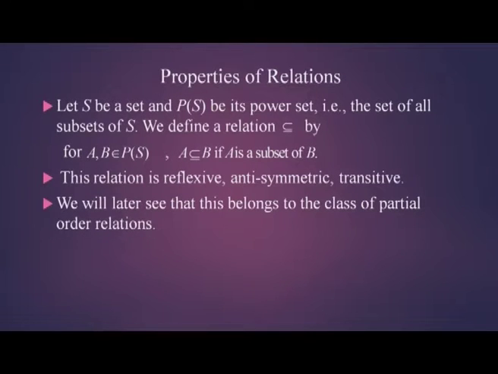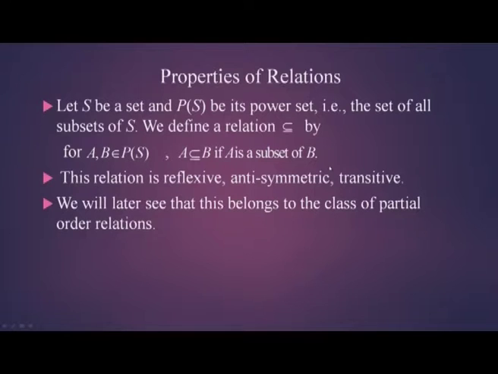Now, we come to the set containment relation. Suppose S is a set and P(S) is the power set of S, and we will define the relation which we denote by this sign, if for a, b belonging to the power set, a contains b if and only if a is a subset of b.